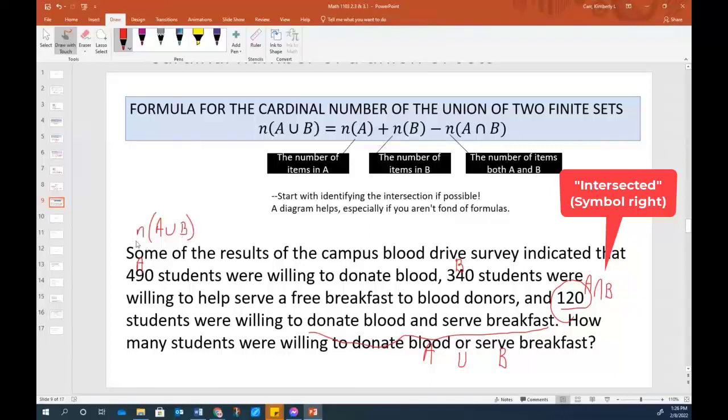How many were willing to donate blood or serve breakfast? That will equal the number that were willing to donate blood plus the number that were willing to serve breakfast minus the number that were willing to do both, because that 120 students is in both of those numbers, okay? And then you really are ready to calculate. And I get 710.